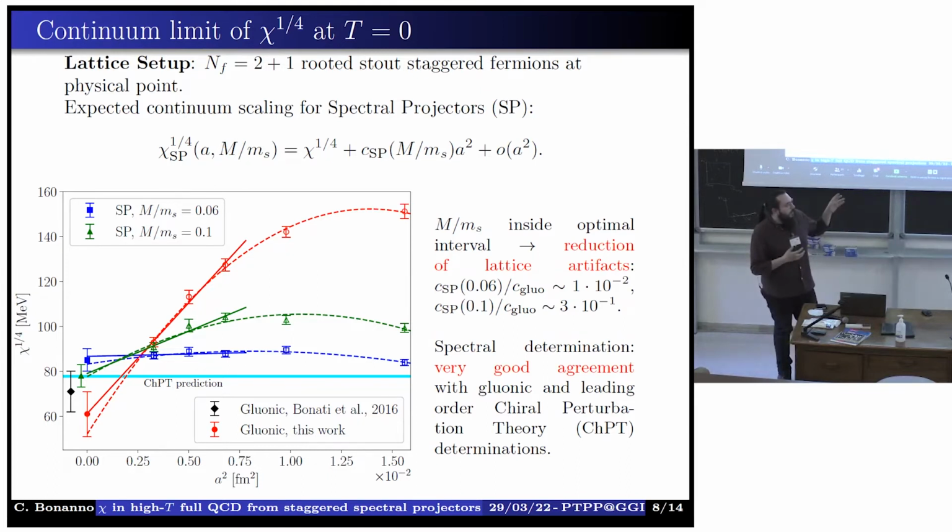And as you can see, in the optimal interval that I have determined from the chirality, we observe a reduction of the magnitude of the lattice artifacts for chi. And also we observe very good agreement between the continuum extrapolations obtained for different values of m, and also with previous determinations from chiral perturbation theory at leading order, and also with the much larger error from the gluonic computation using our configurations. So everything seems to work fine.